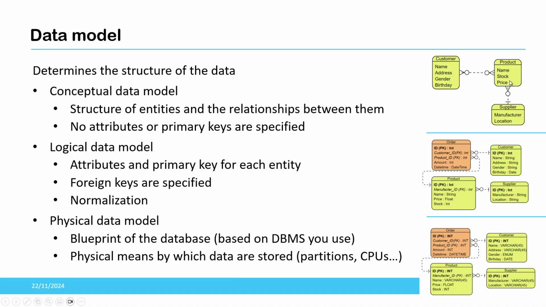Name, how many are there in my store, what is the price currently, and each product might also have a supplier. Think about Nutella. The supplier is Ferrero Rocher, and they are located in Italy somewhere probably. So this is the data I want to store. Not more, not less.